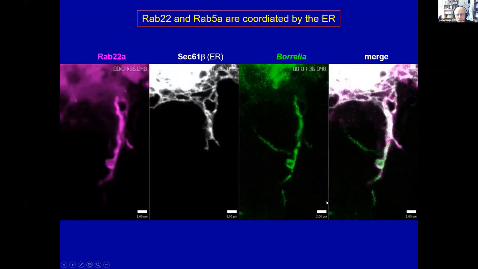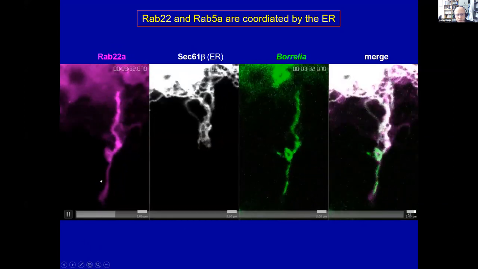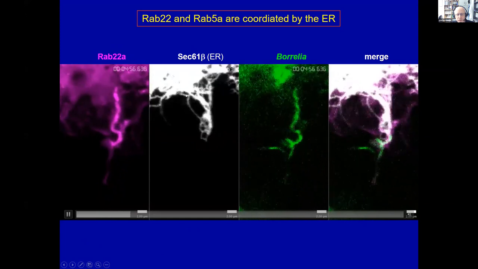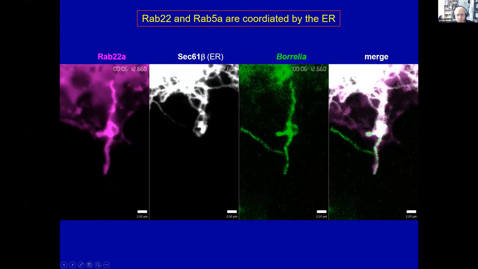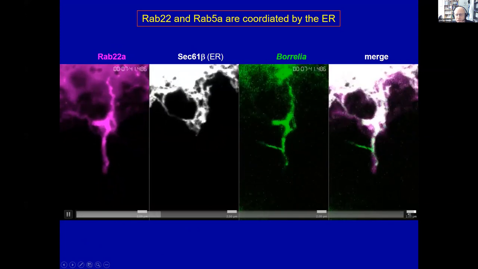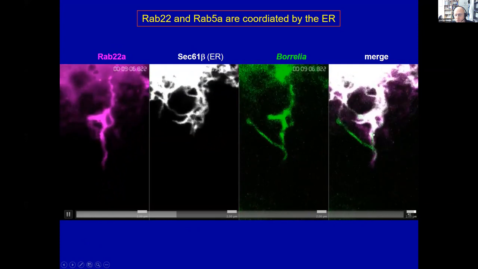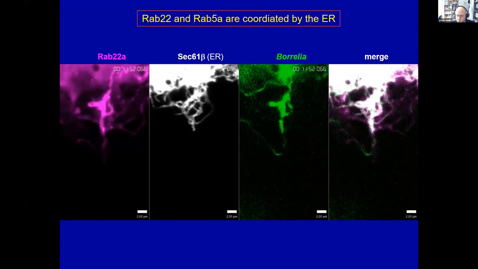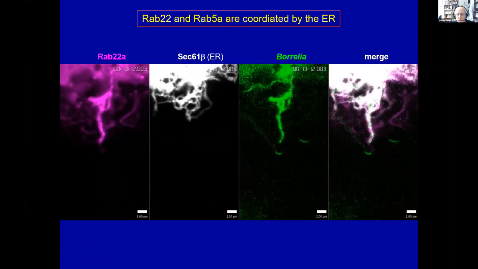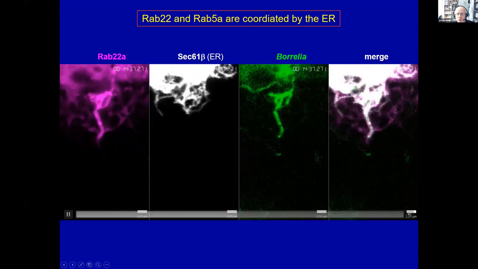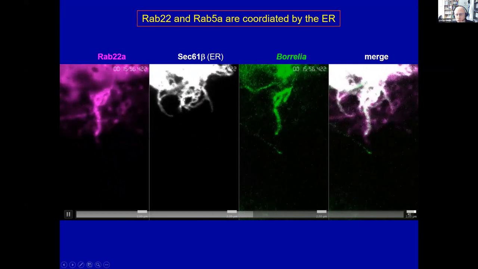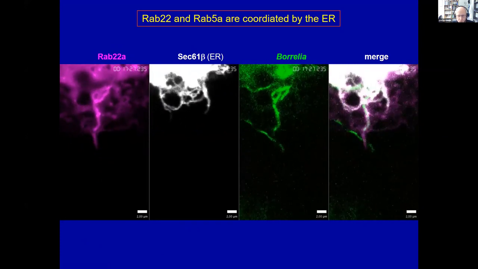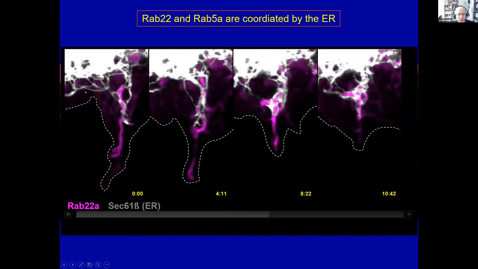And what you see is really that during the uptake of the Borrelia into the macrophage, this endoplasmic reticulum really spins a web around the phagosome that really enwraps from the cell internal side the phagosome and really actually draws it into the more internal parts of the macrophage. You see that way better here in the gallery.